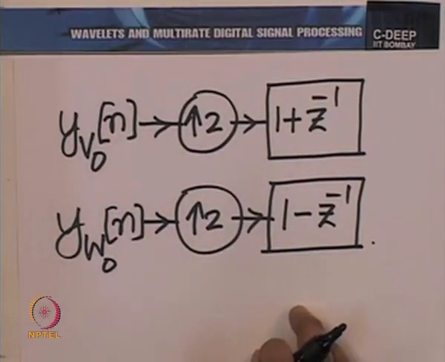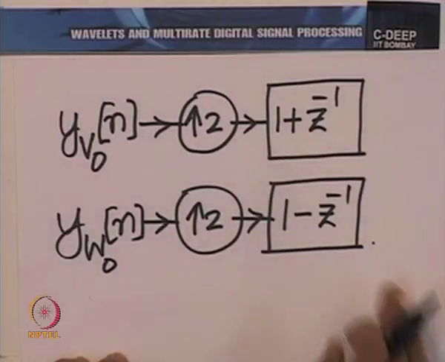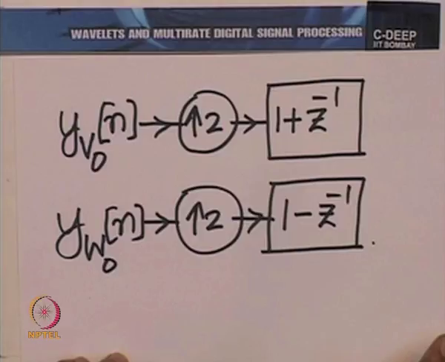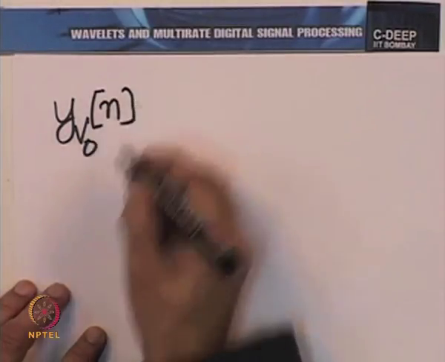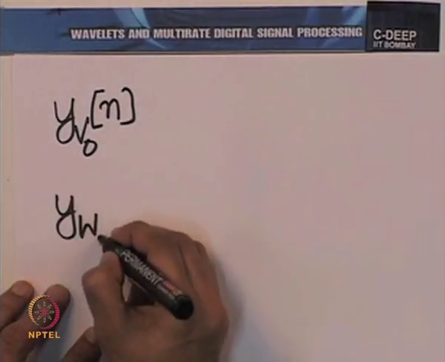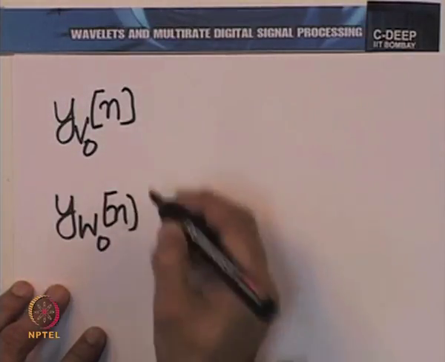Well, I think it might be easier for us. So, what we want to do, I think maybe it will be a little difficult to see this directly. Let me instead put it down as an operation of addition and subtraction directly. Let me make a little change in this. Let me say instead I have y V 0 n and y W 0 n here.